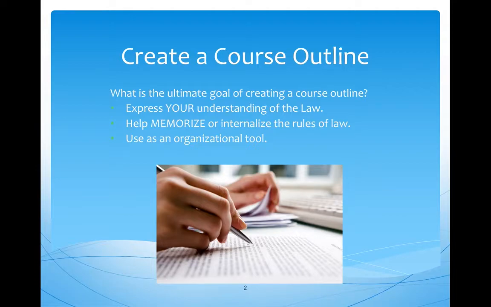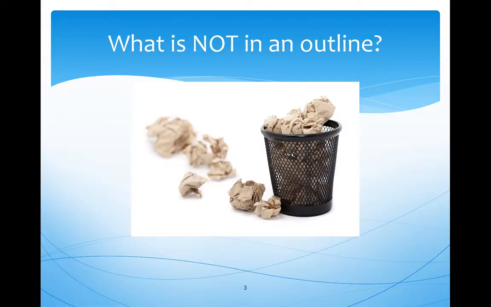So creating a course outline. What is not in an outline? Well, definitely we don't want to put in procedural history, policy type arguments, a treatise on how to approach the law or the history of law.